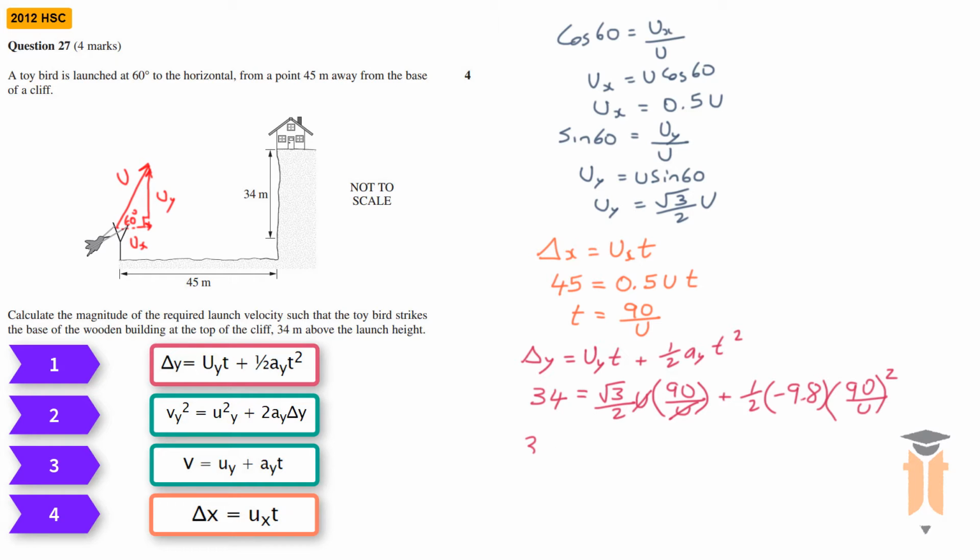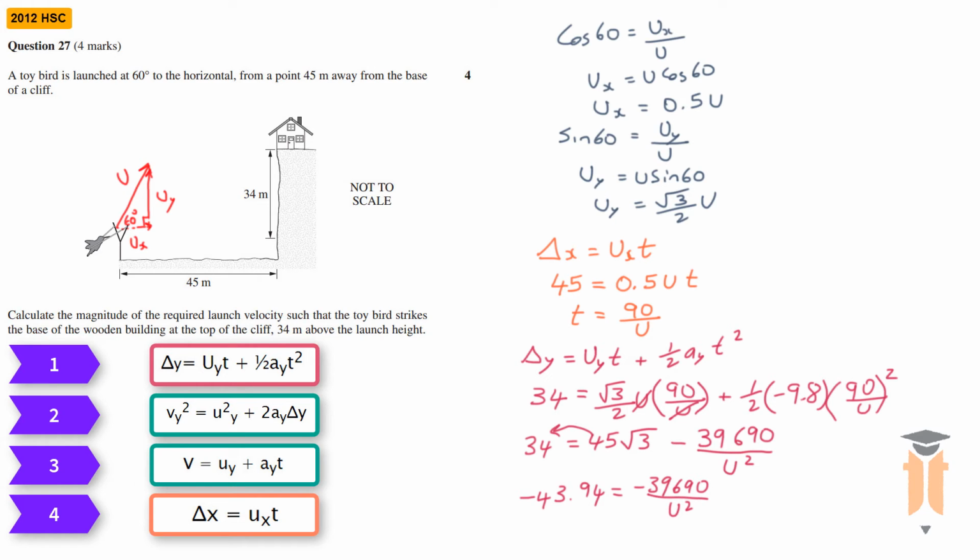So we have 34 is equal to 90 on 2 is 45, times the root 3, minus 39,690. If you put that in the calculator, that's what you get, over u squared. So moving this to that side, you get minus 43.94 is equal to minus 39,690 over u squared.